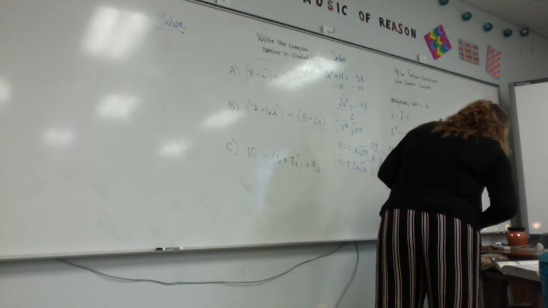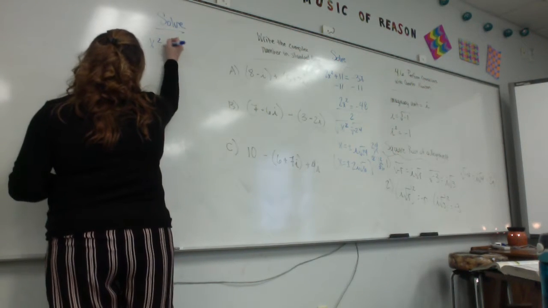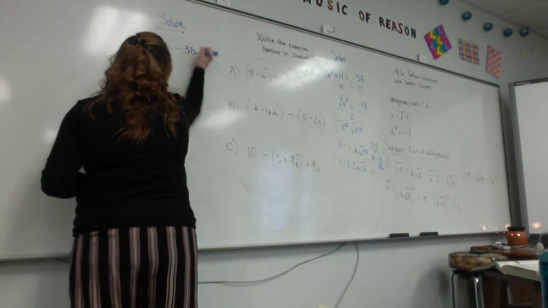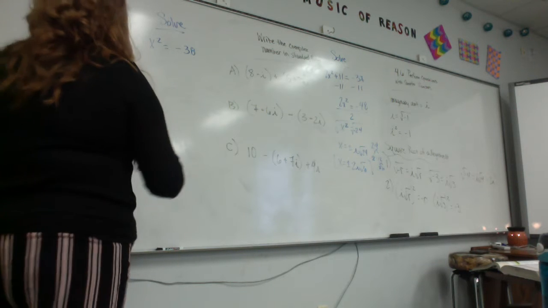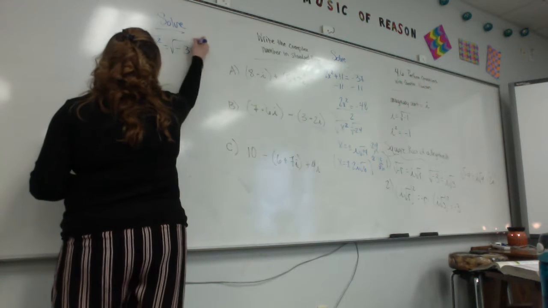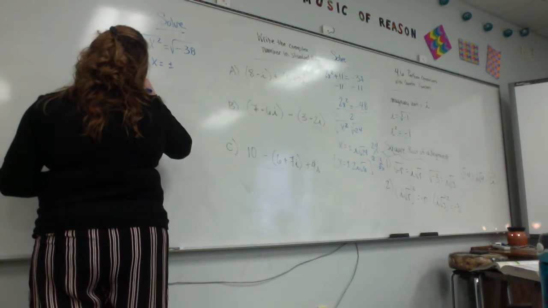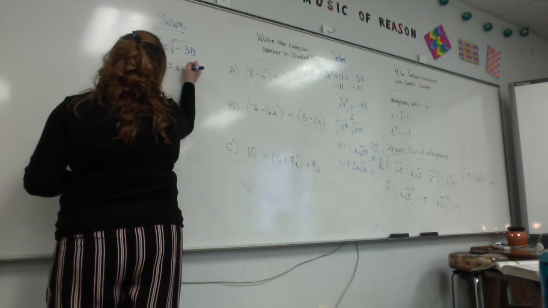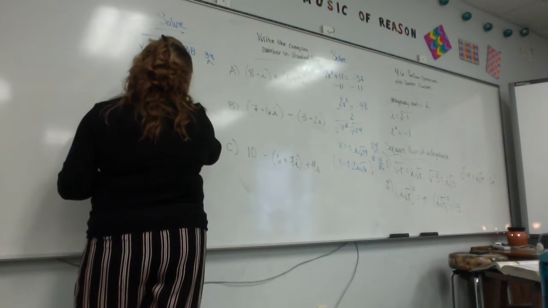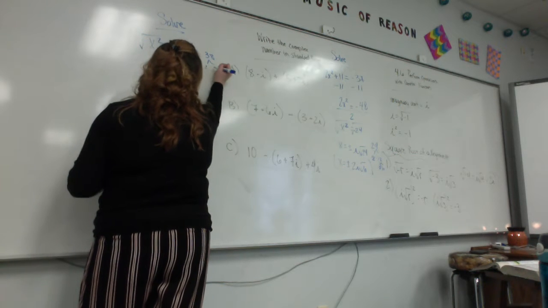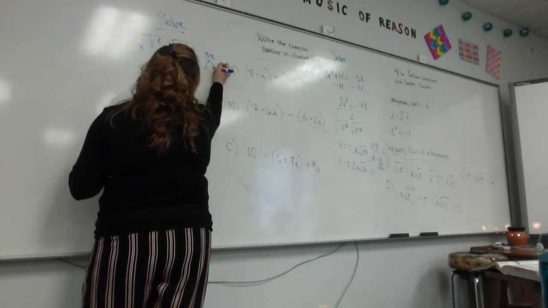Let's try this one. Solve x squared equals negative 38. What do I do? Take the square root. So x equals plus or minus i, and then you have to break down 38. 2 goes into 38, 19 times. 19 and 2.